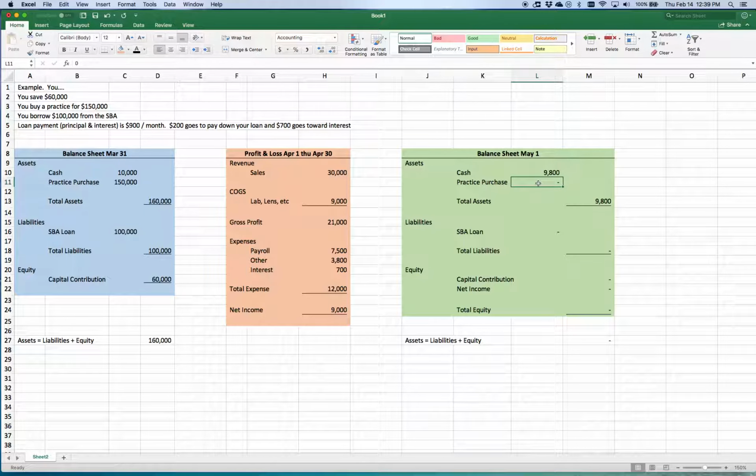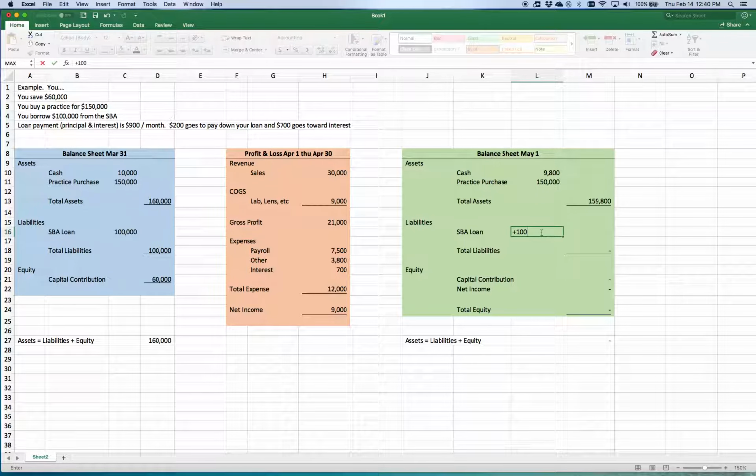We still have the purchase of the practice for $150,000, so that is still there. Now, the SBA loan started out as $100,000. However, we paid a $900 payment. $700 went to the bank as interest, for basically renting their money.